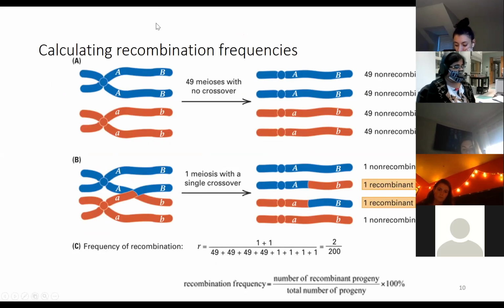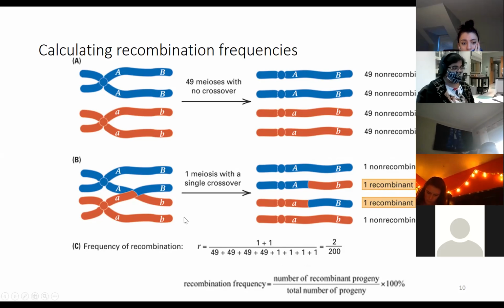To calculate these, it's simple. We have these progeny, right? We have 49 of each of the non-recombinant ones. And then there's one set that had a single crossover, and you see 2 non-recombinants and 2 recombinants.